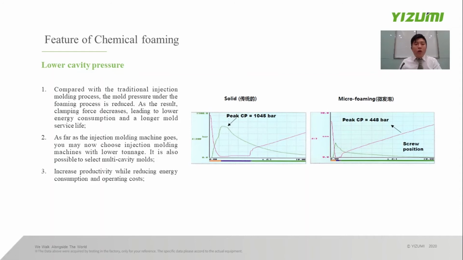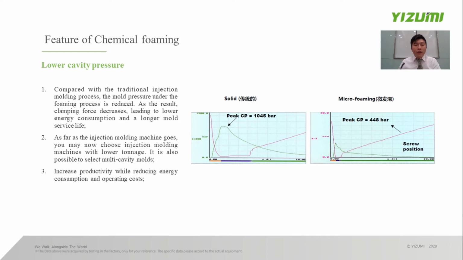Next, lower cavity pressure. As we know, the cavity pressure is related to the material viscosity. As the bubbles are diffused inside the material, it can help to reduce the material viscosity and increase the flowing ability for easy injection, so that it can reduce the cavity pressure, and finally, it can reduce the clamping force requirement.